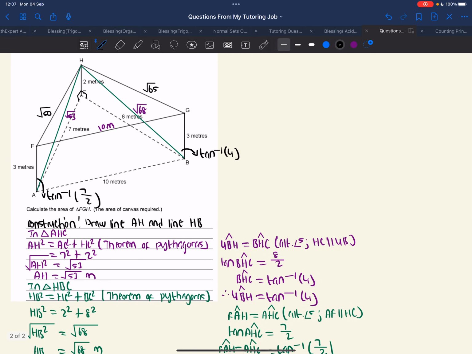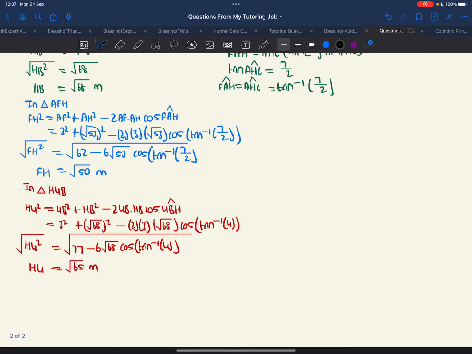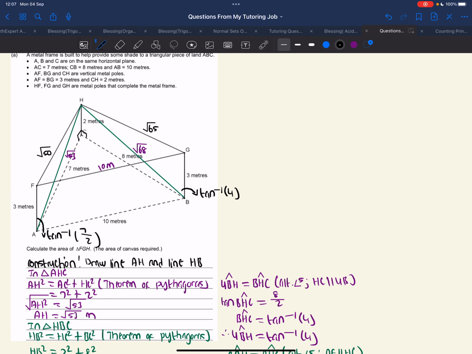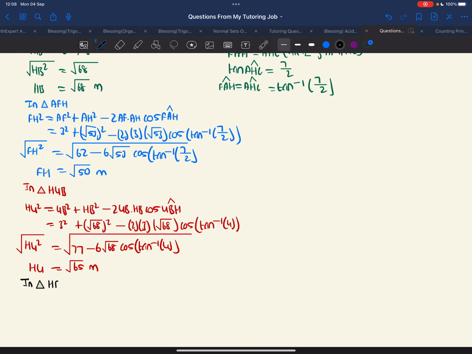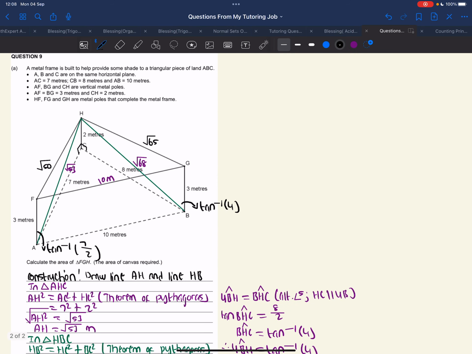Seeing that I'm running out of space, I'm going to say in triangle HFG, now I'm working in triangle HFG. Now I'm going to need to find the angle between those two lengths there.